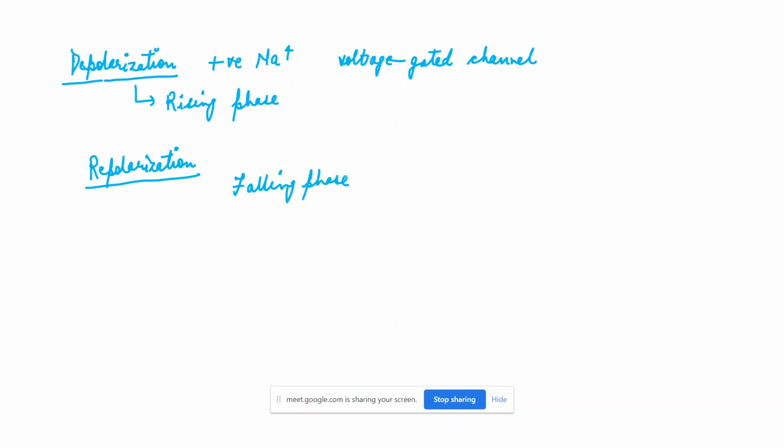What will happen in repolarization is that in depolarization, the sodium voltage gated channels are opening, but in repolarization, these sodium voltage gated channels will be closed.